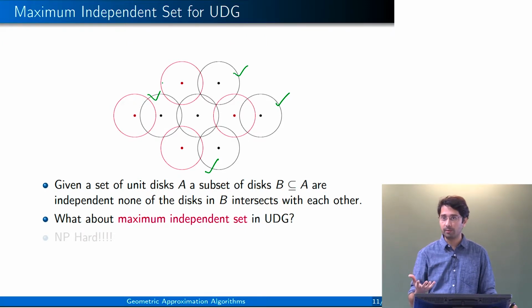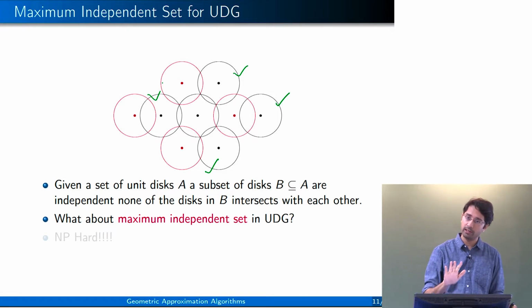You check all of them and find out if each forms an independent set. If I give you a subset, can you tell whether it is an independent set or not? Yes, there are 2 to the power n subsets. You check all possible subsets, see whether they are independent or not, and choose the maximum. So, certainly it is possible to solve in 2 to the power n time.